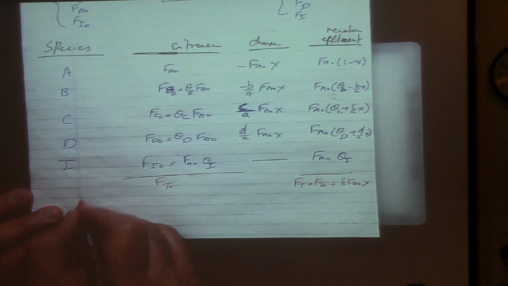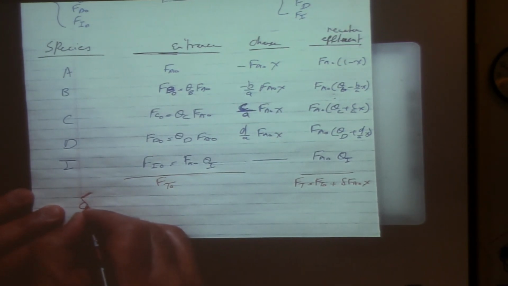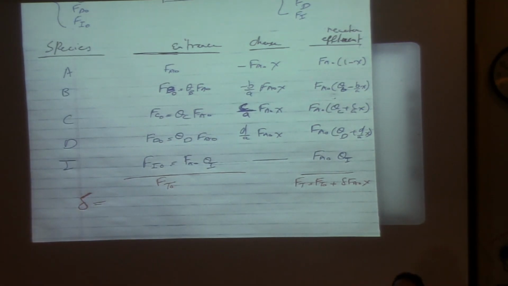So what was delta? Remember? Delta was the change in the total moles of the system, basically the total moles of the products minus the total moles of the reactants, divided by A. That was the definition of delta.